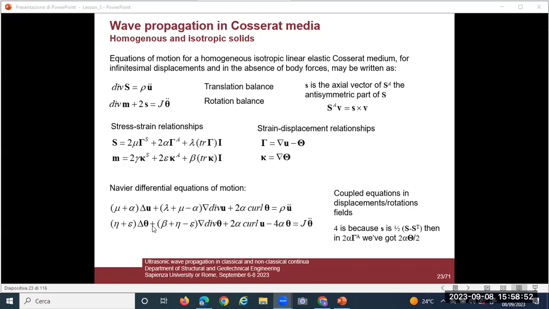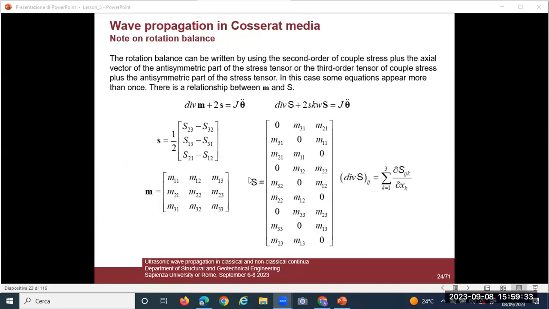You see that in the translation balance, also rotation appears. And also in the rotation balance, also translation appears. This is due to the coupling between strains as gamma, as a gradient of displacement, and gradient of rotation and curvatures. Okay.